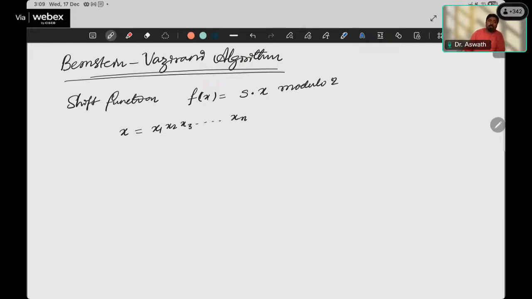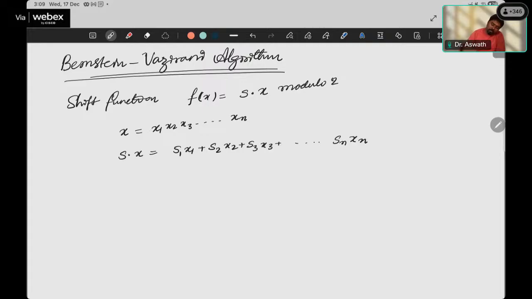The shift function would also have a string, s1, s2, s3 and so on up to sn. So s dot x would be s1 x1, s2 x2, s3 x3 and so on, sn xn.